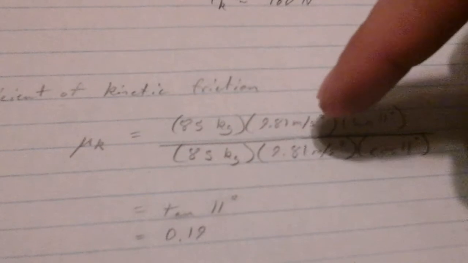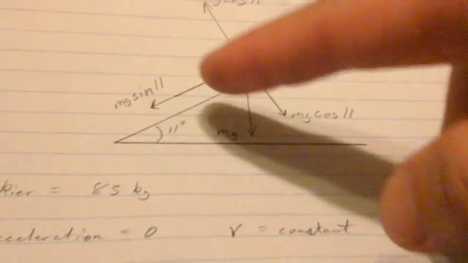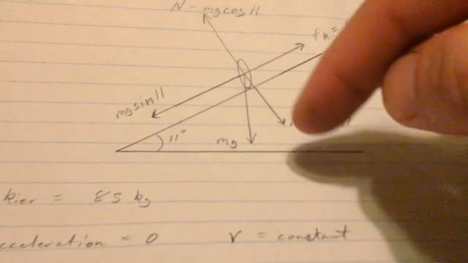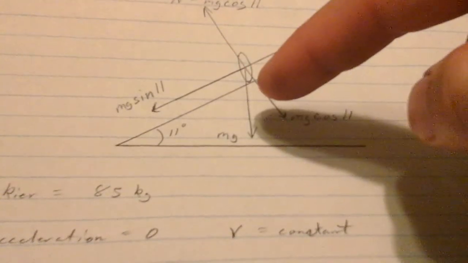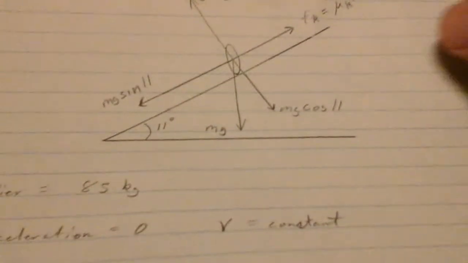So if we put them both over each other, look back at our force diagram, we can tell that we need this, which would be the parallel component of the skier to the ramp over the perpendicular component of the skier on the ramp.